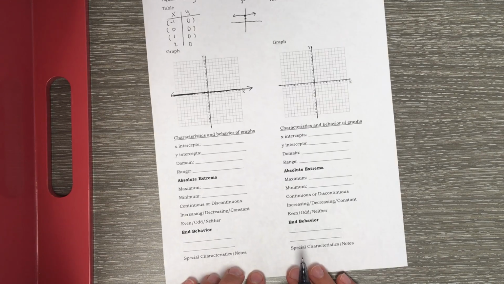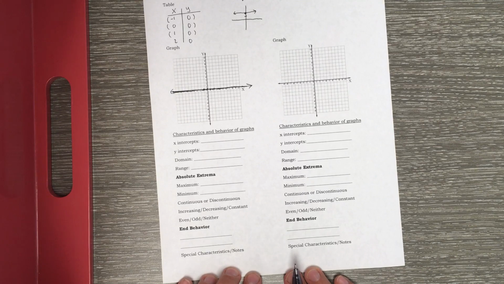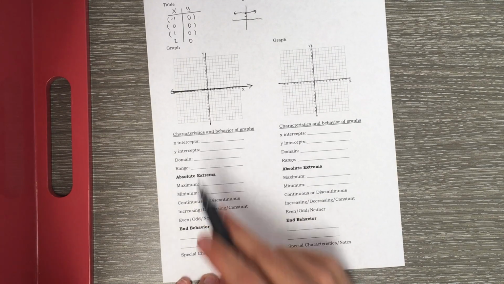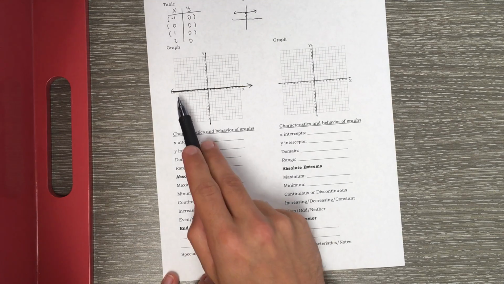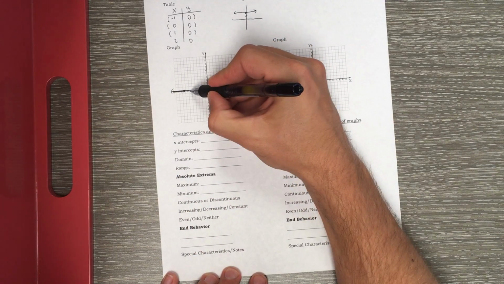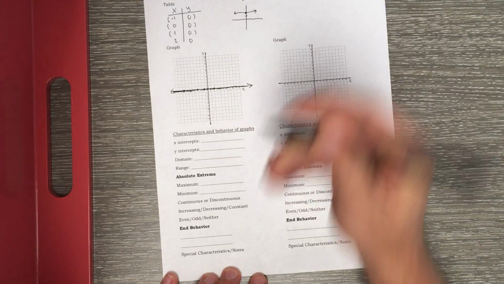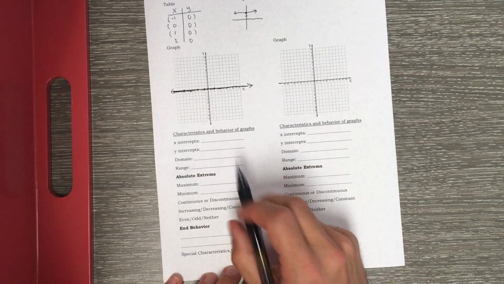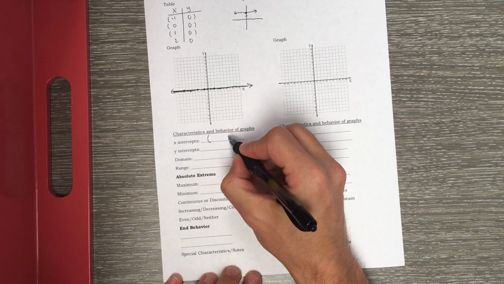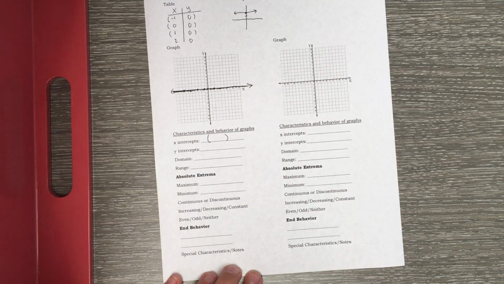Okay? In this specific example that we've done, what are the x-intercepts? Well, the x-intercepts are where it crosses the x-axis, and that's happening everywhere. There are a ton of x-intercepts, infinitely many x-intercepts. Remember, x-intercepts are points on the graph, x comma y.